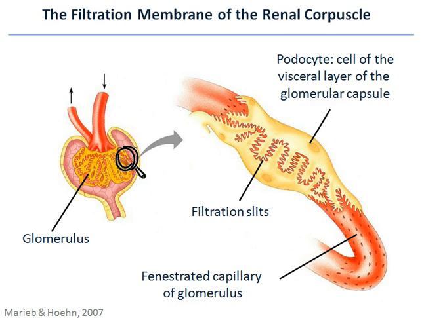So the filtration slits, formed by the podocytes, and the holes in the capillary, together allow the removal of small materials from the blood, which include the waste products you actually want to get rid of.